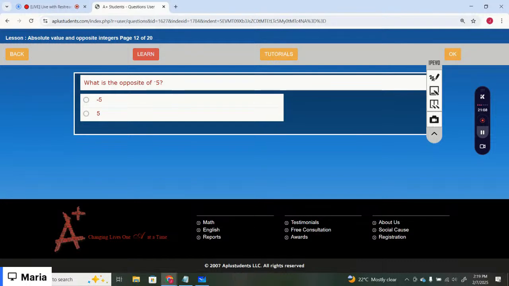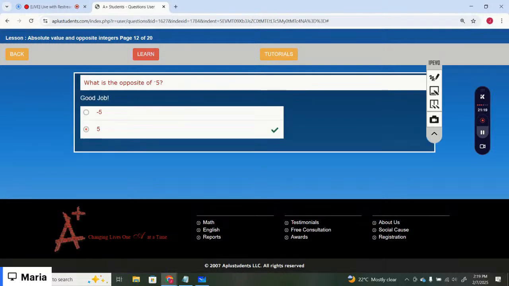What is the opposite of -5? Opposite of -5 is +5. Option number 2 is the correct option.